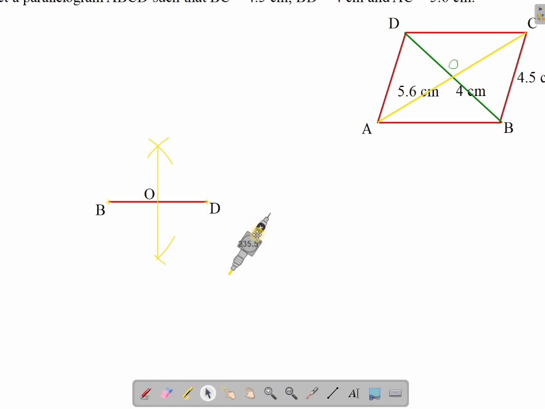So from B I'll take 4.5. Let me make my compass 4.5 exactly. Yes, 4.5. So from B I'll draw an arc of 4.5 centimeter measurement.